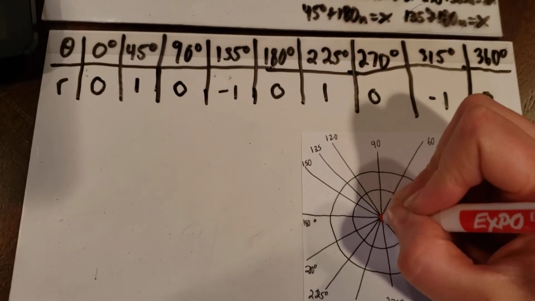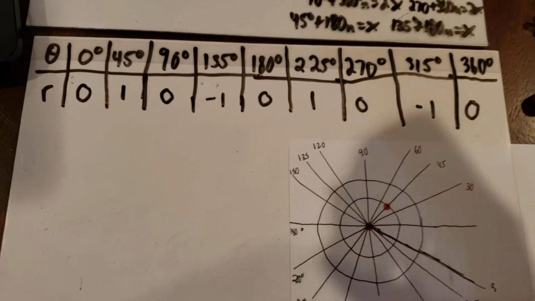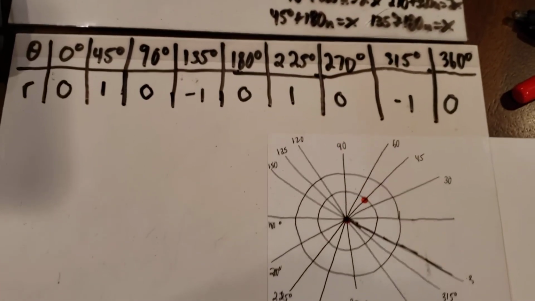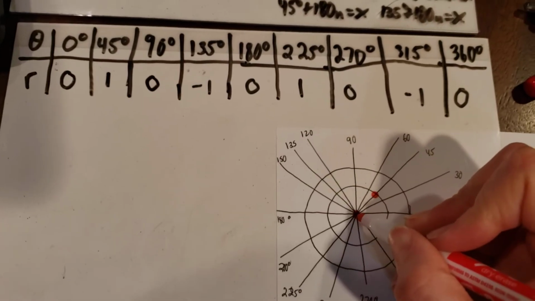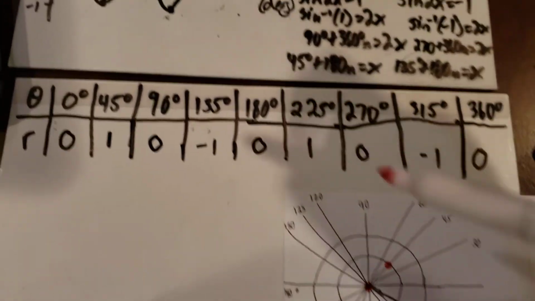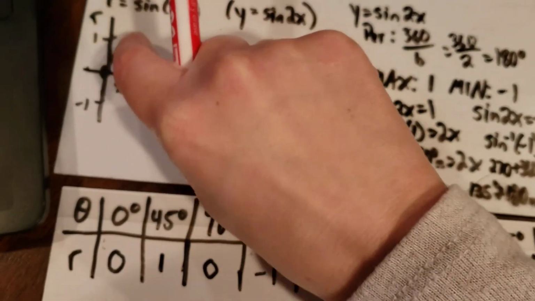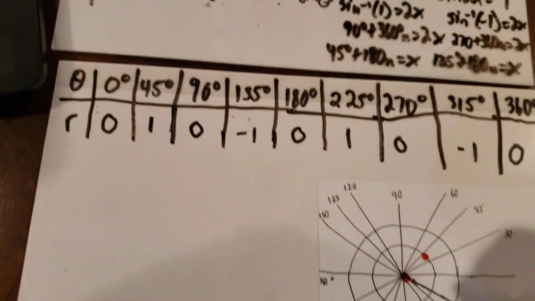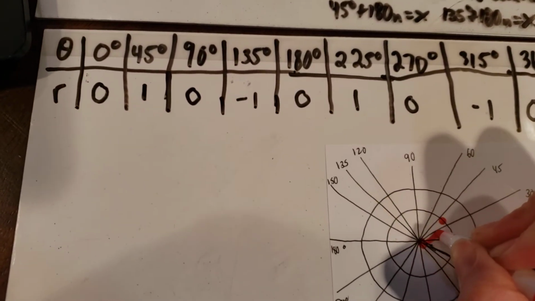So that's right here. At 45 degrees, r is 1. Now, from 0 to 45 degrees, we need to know what we should do as we rotate. Well, look here. What's happening to r as it goes from 0 to 45 degrees? It's going to 1. So that means it goes like that.